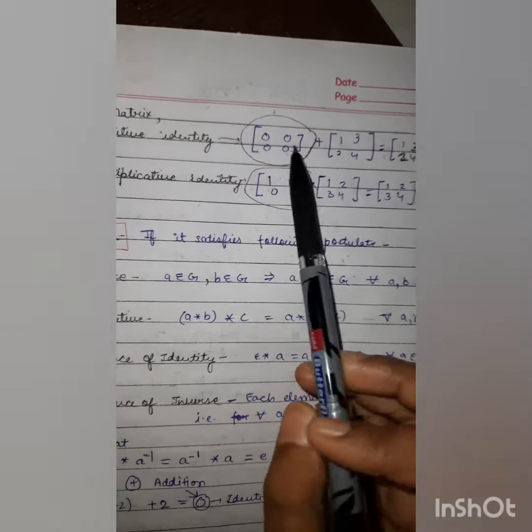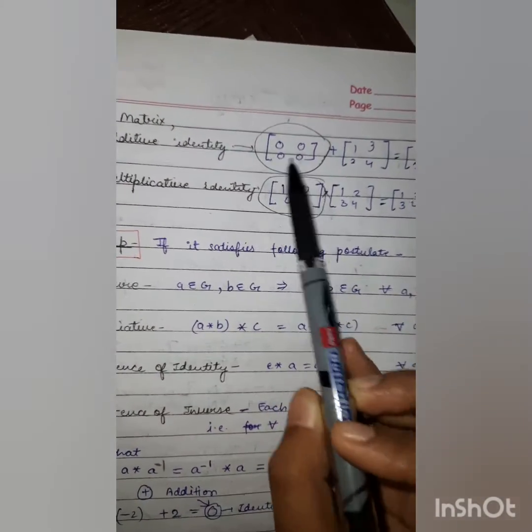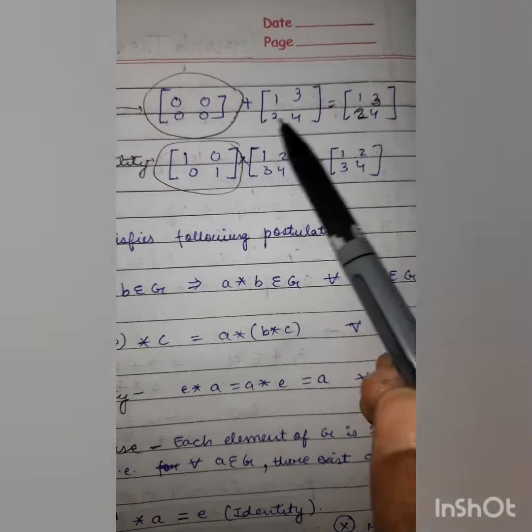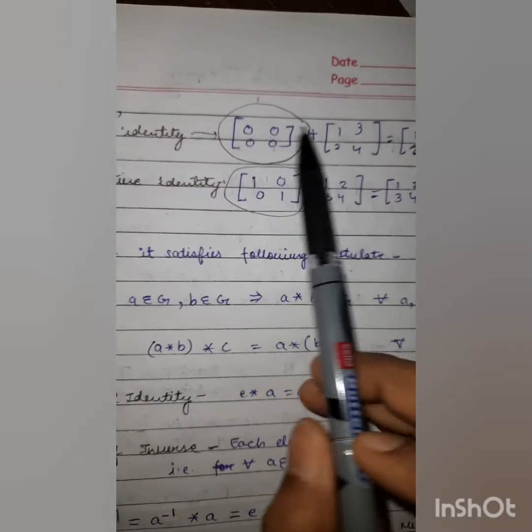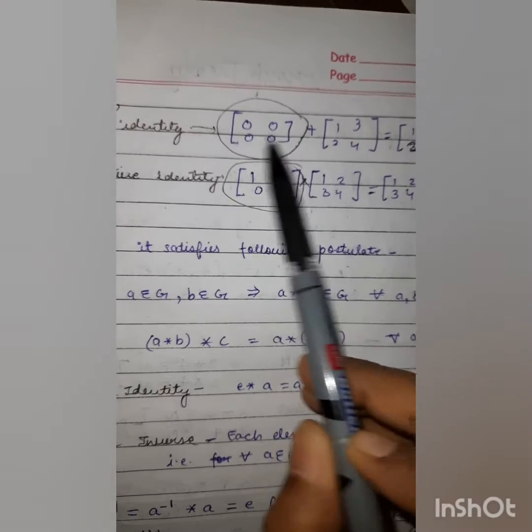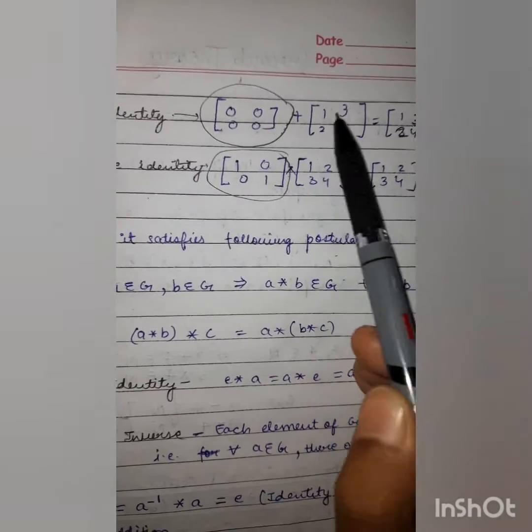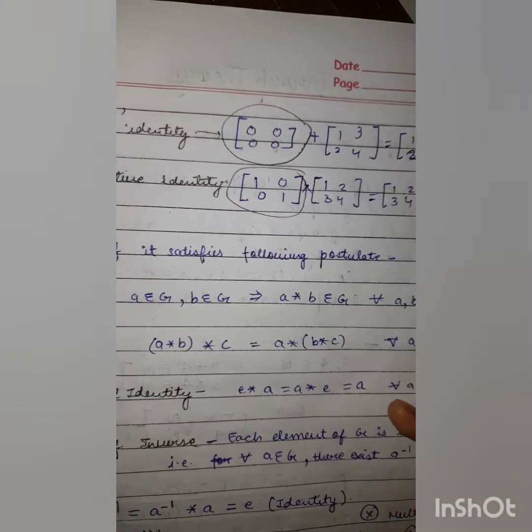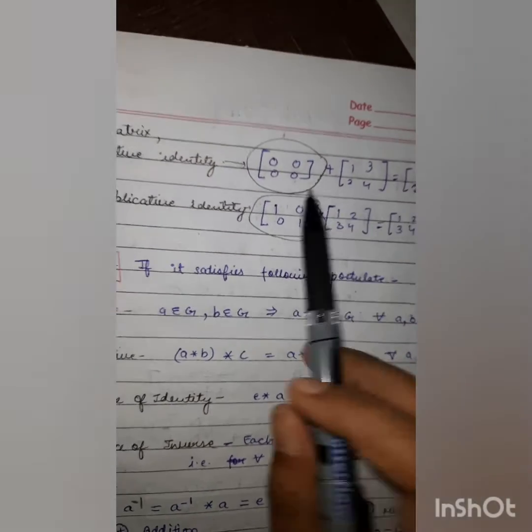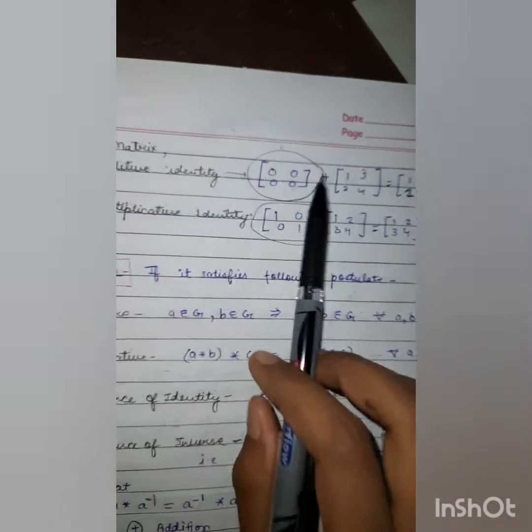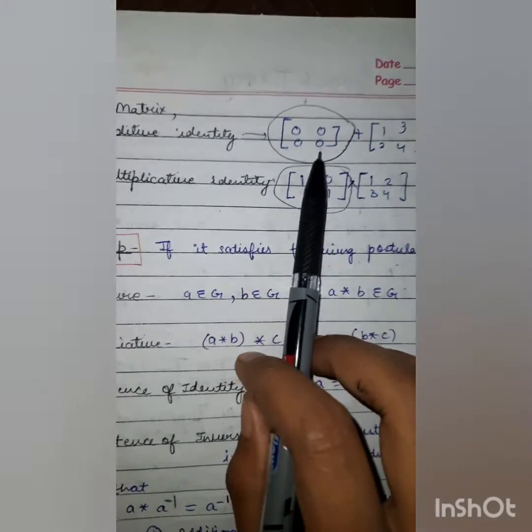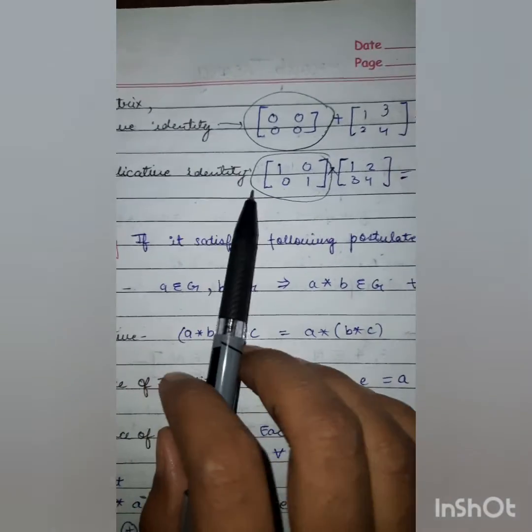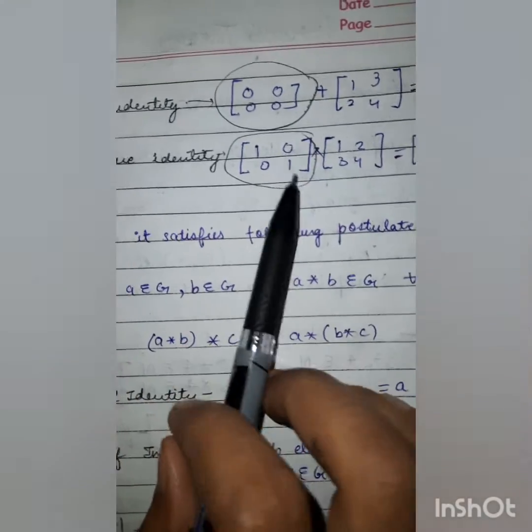If we add the 0 matrix with this matrix, then we can see that there is no change: 0 plus 1 is 1, 0 plus 2 is 2, 0 plus 3 is 3, 0 plus 4 is 4, meaning there is no change in this matrix. So we can say that 0 is the additive identity, and the multiplicative identity is the matrix 1 0 0 1.